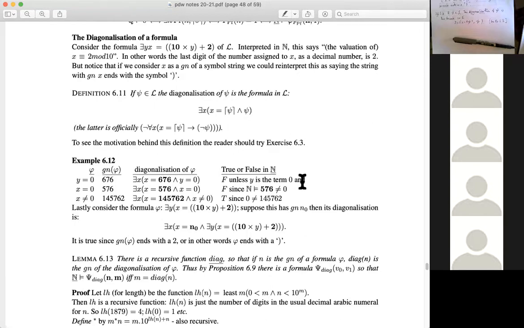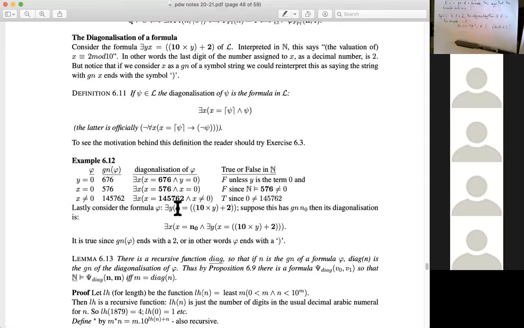So those are simple examples. Here's a more sophisticated example down here. Now we take the formula phi to be the example that I gave above. Recall this was the formula that said if x was a Gödel number of a formula, that formula ended in a right-hand bracket, because the number ended in a 2.